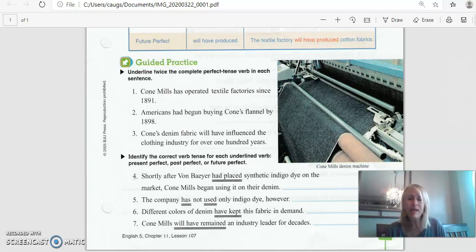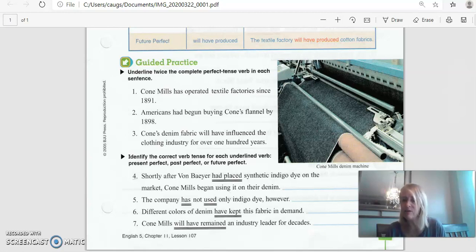Okay, so number 3, Cone's denim fabric will have influenced the clothing industry for over 100 years. So I know it looks like you're going to underline 3 things, but you're not. You're only going to underline 2. Nope, I'm wrong.